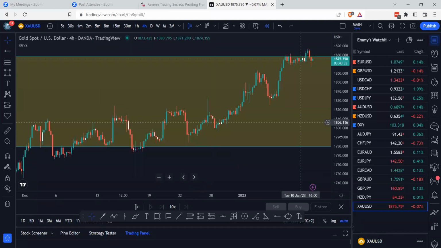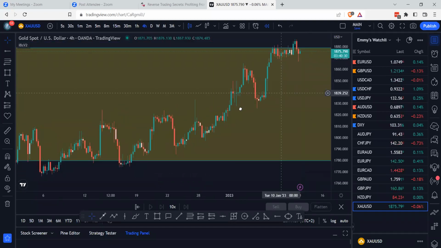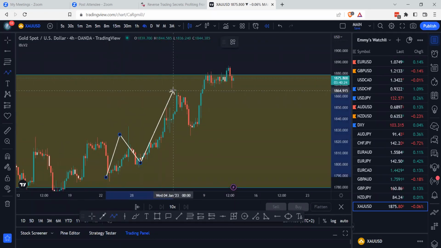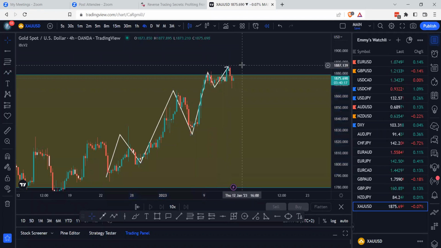On the 4-hour time frame, what do we have here? Now, this is structure, and we are possibly seeing order flow shifting from bullish to bearish, like so. You can see this. Remember, this is the weekly supply. We are looking for sells. This is a 4-hour chart.